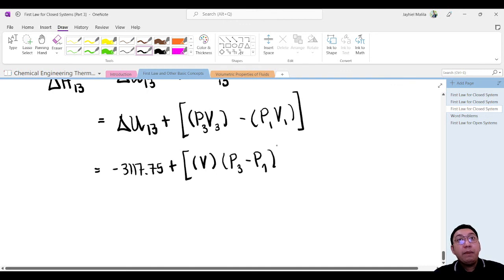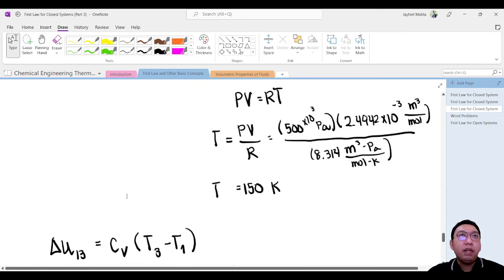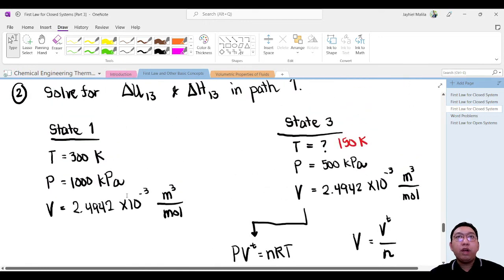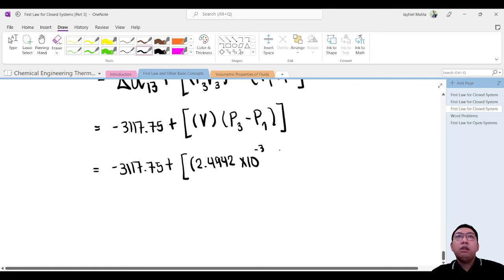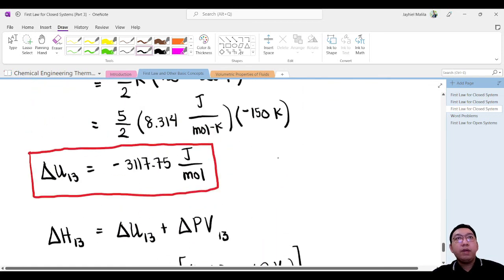That will save us time and space. If I solve candidly, I might not be able to look for a more efficient way of solving, so please bear with me on that one. 4942 times 10 to the power of negative 3. And then the difference in pressures.